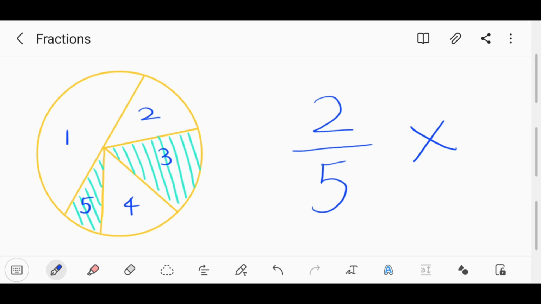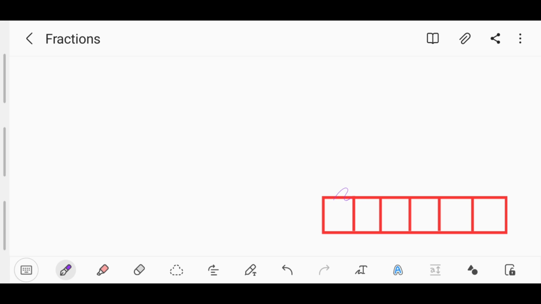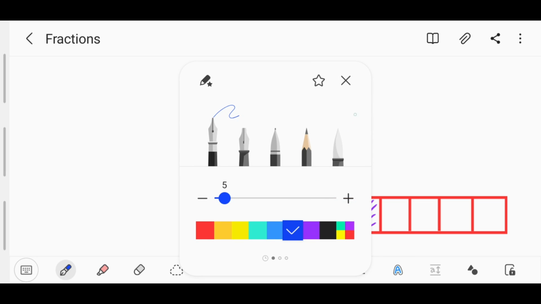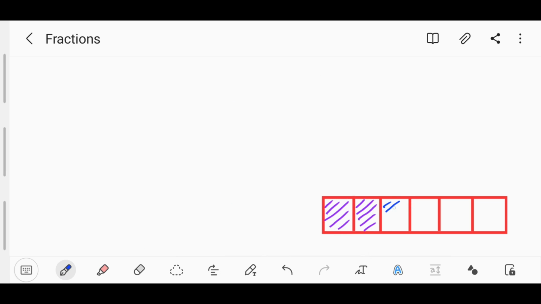And the reason for this is because these parts are not equal. So you need to remember that the basic requirement for fractions is that all the parts need to be divided into equal parts. So in this example, I'm going to shade 2 of these blocks in purple and then 3 of them in blue.